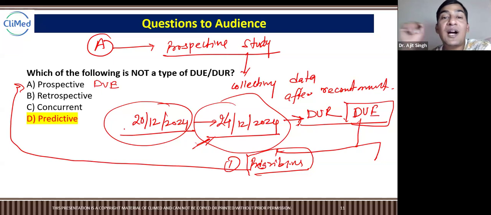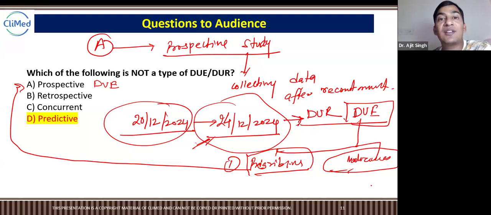This could be a part of a prospective study. Now, another fact: if you are not evaluating the prescription but the medicines after they are dispensed to the patient by the pharmacist, the doctor has written the prescription, it has gone to the pharmacist, the pharmacist has dispensed the medications, they have come to the patient, and now the patient is taking them.